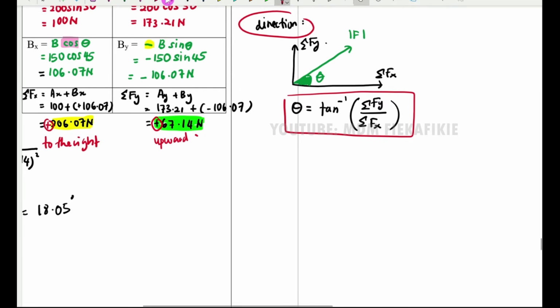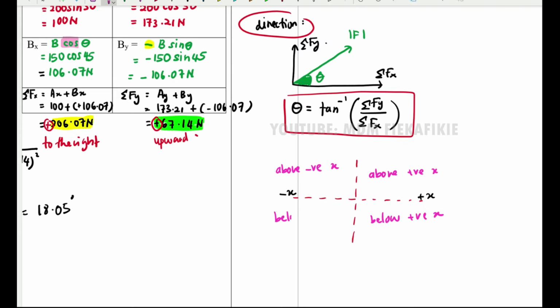Okay, jadi kita ada 4 quadrant. Jadi dekat sini kita panggil dia adalah positive X. Ini adalah negative X. Jadi kalau kawasan yang atas ini kita panggil dia apa? Above positive X. Ini above negative X. Ini adalah below positive X. Ini adalah below negative X. Okay.